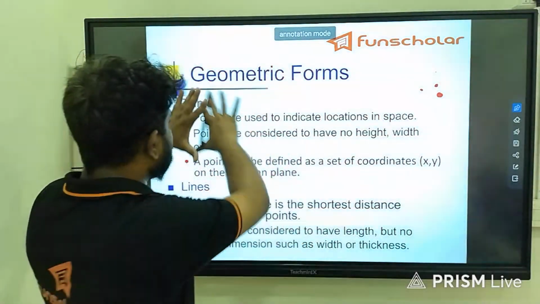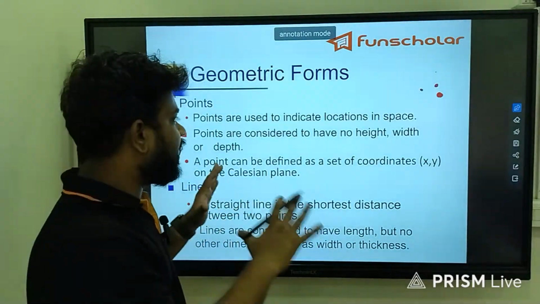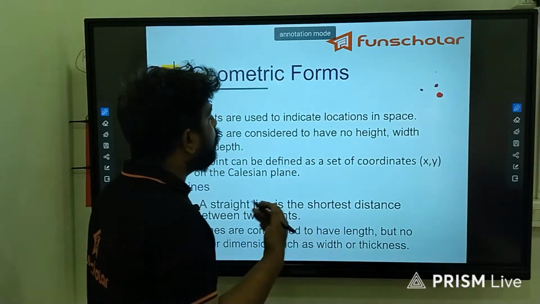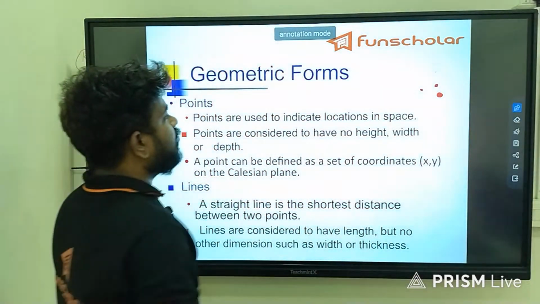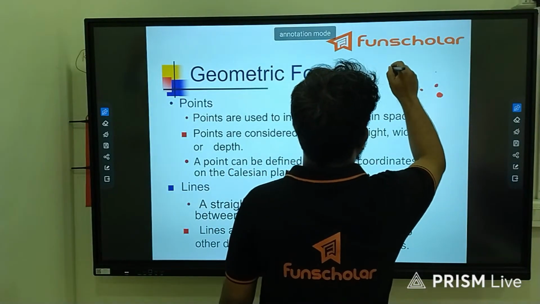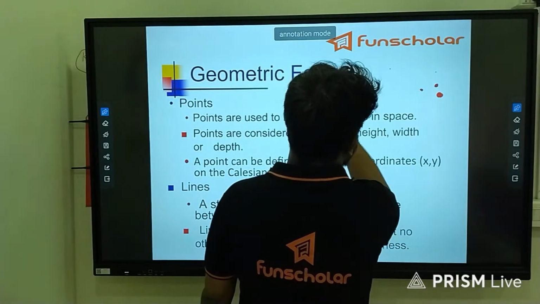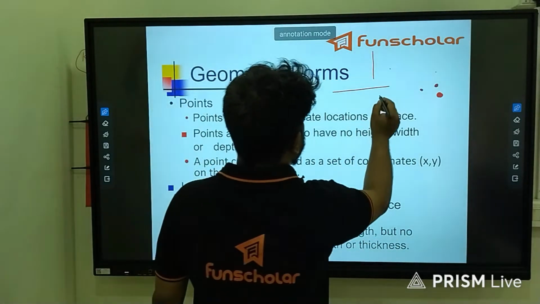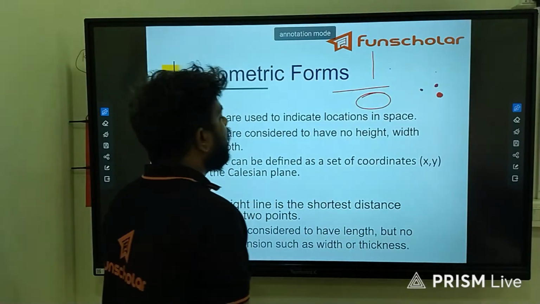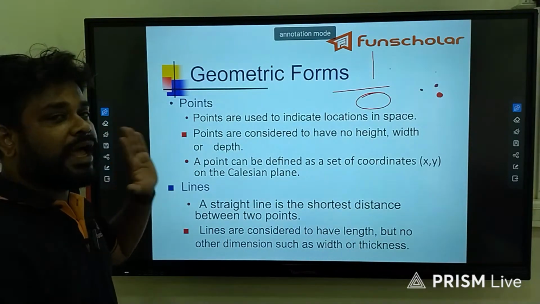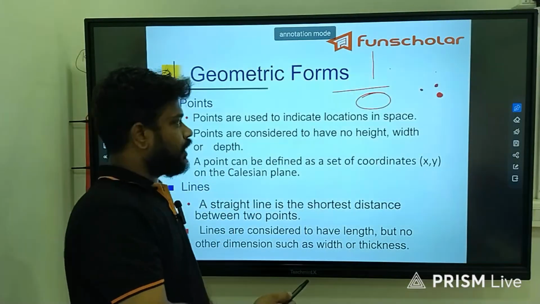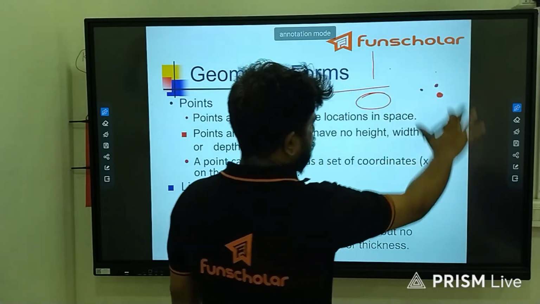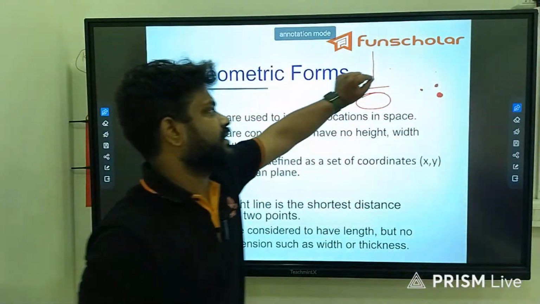Obviously, space means blank space or blank region, khali jagah. Points are considered to have no height, width or depth. So this point doesn't have any length or width, and neither volume. They just occupy some space, like this point is occupying a little bit of space on this whole whiteboard.